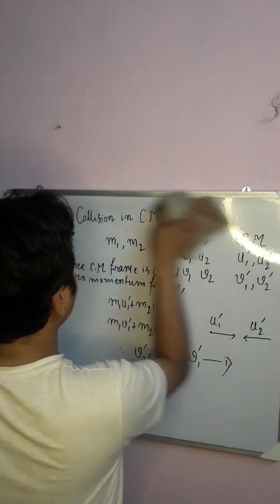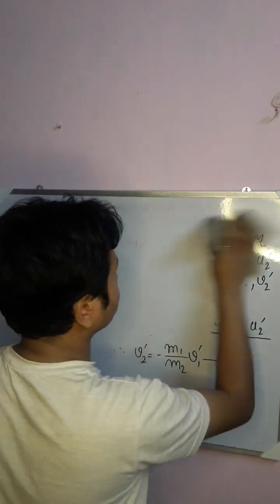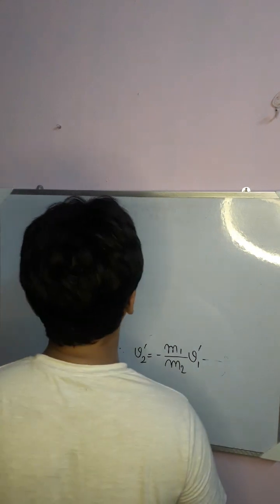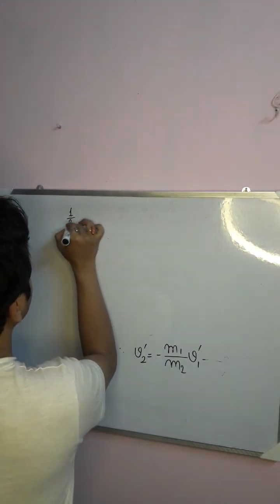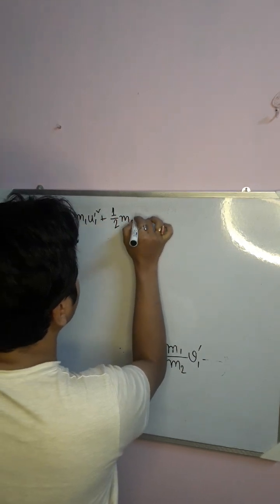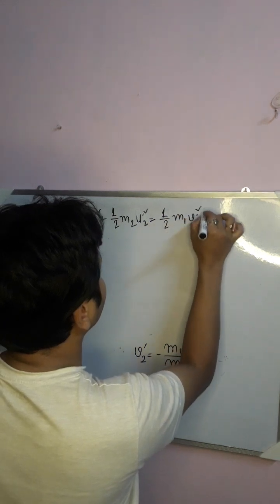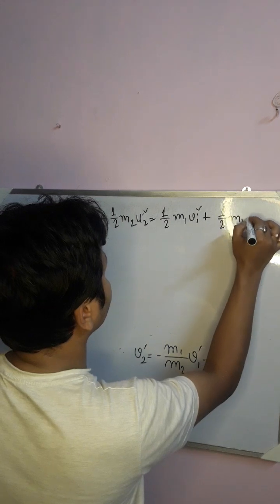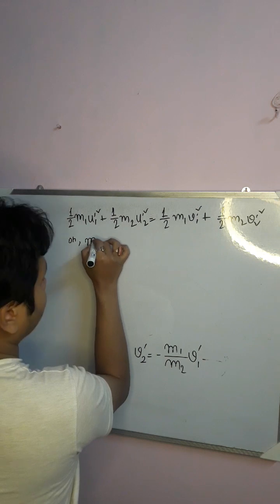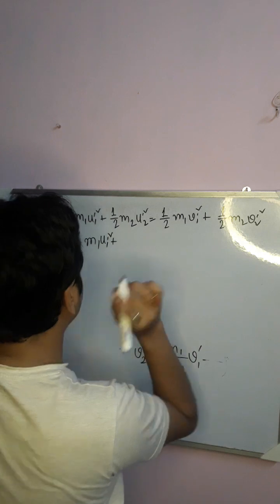Now we can easily use the law of conservation of energy. So half m1 u1 dash square plus half m2 u2 dash square equals half m1 v1 dash square plus half m2 v2 dash square.